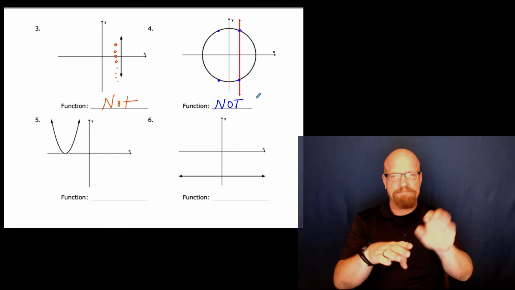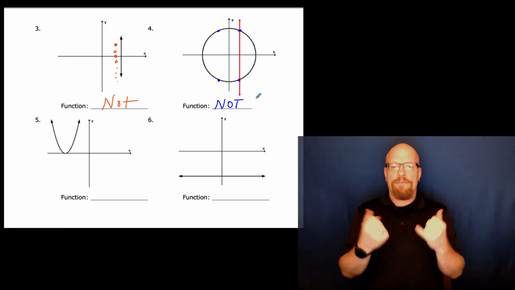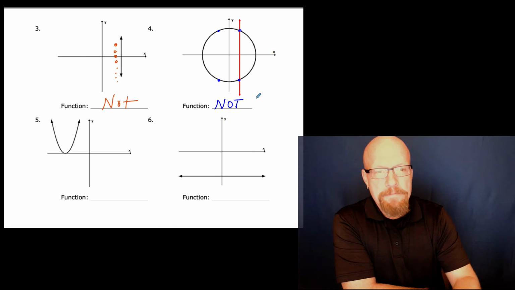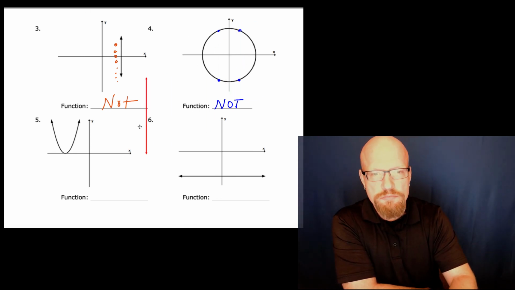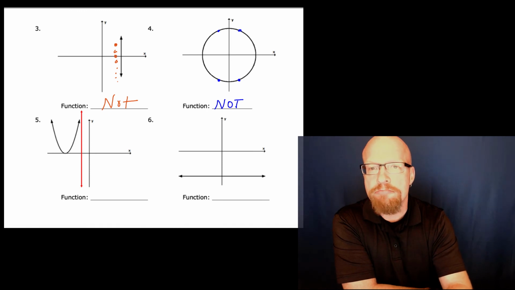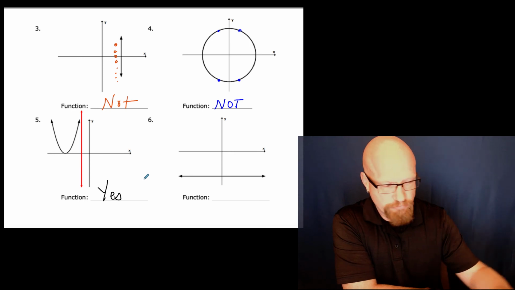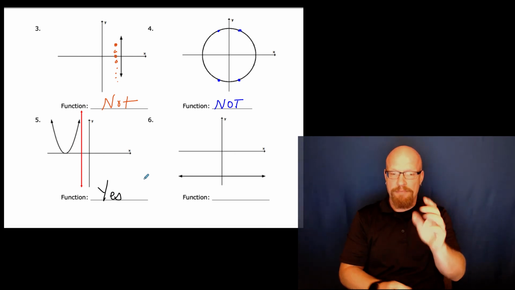Circles, the function that creates a circle is not a function, or the equation. Now number 5. And you can see there are no times where the line hits the graph twice.